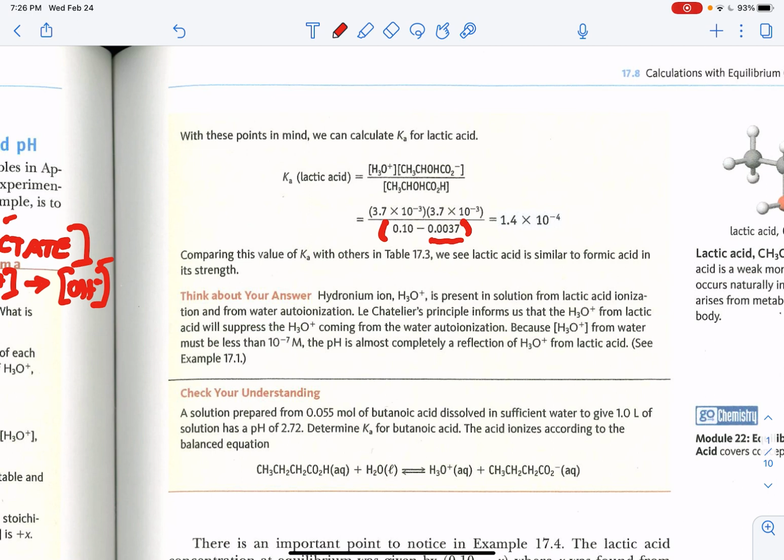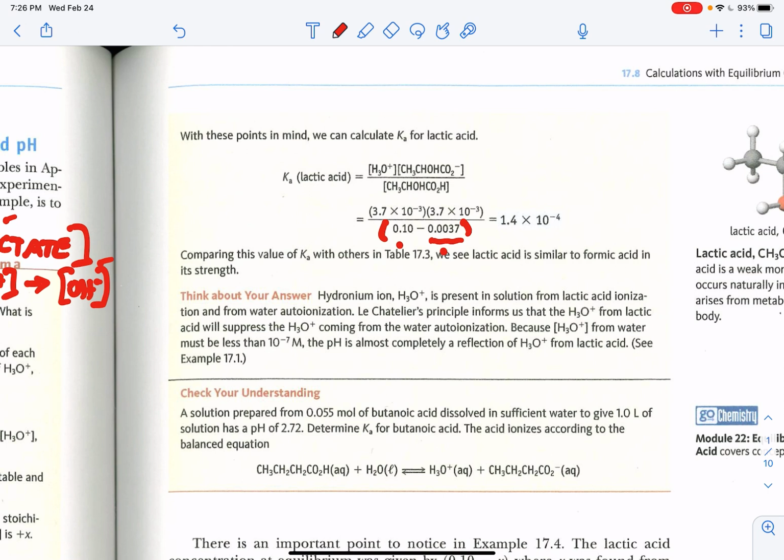And in this case, the answer is yes. When you only are working with two significant digits, these two numbers are close enough that when you subtract, it probably makes a difference. So you can't simplify it by ignoring the 0.0037.